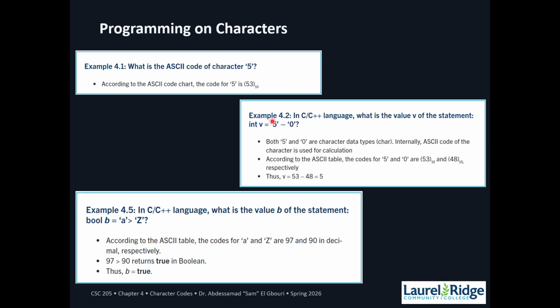So if it is considered the character, and this one is a character, it's basically telling us what is the decimal number of 5, what is the decimal number of 0. You go to the ASCII code and you're going to find out 5 is 53 and 0 is 48. So you do 53 minus 48. It's 5 because V is an integer, so 5 is definitely just 5.